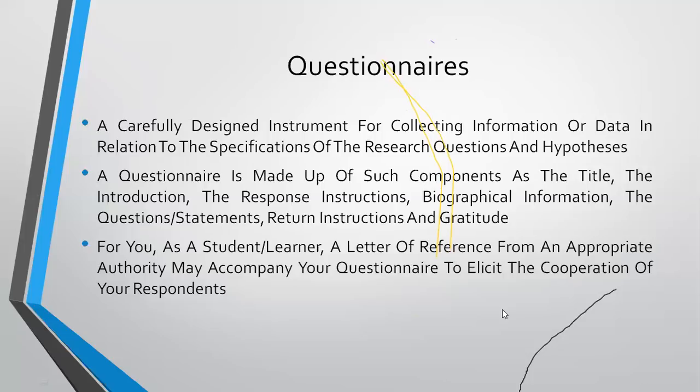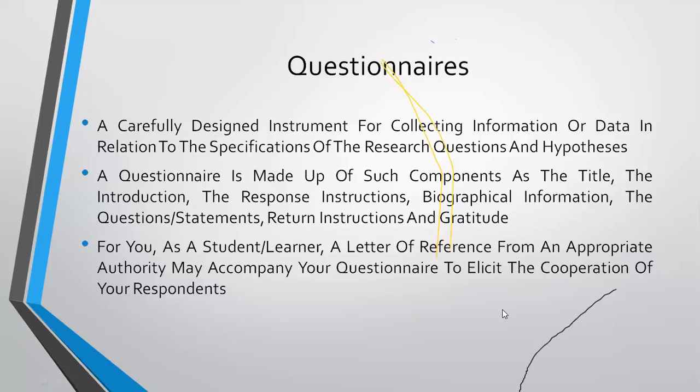Then the next one is the response instruction. You give instruction on what you expect them to do. Is it for them to circle the option? Is it for them to mark the option? And so on. Then you have biographical information. From the biographical information, you collect data on probably their names, their age, place of work, level of education, and so on.